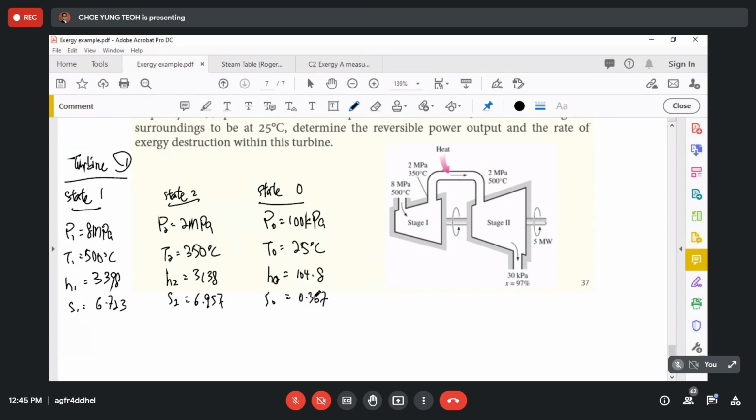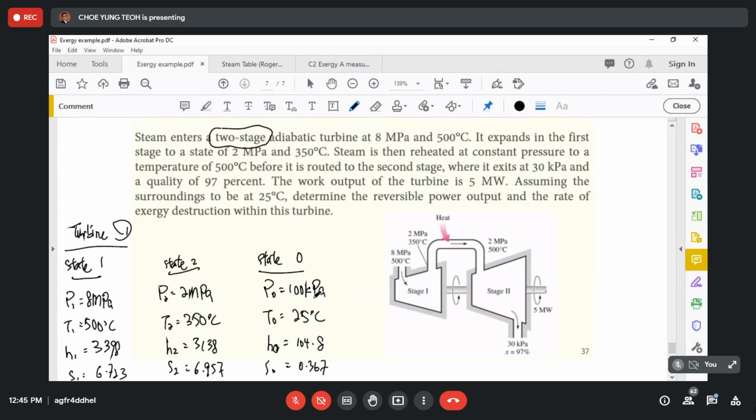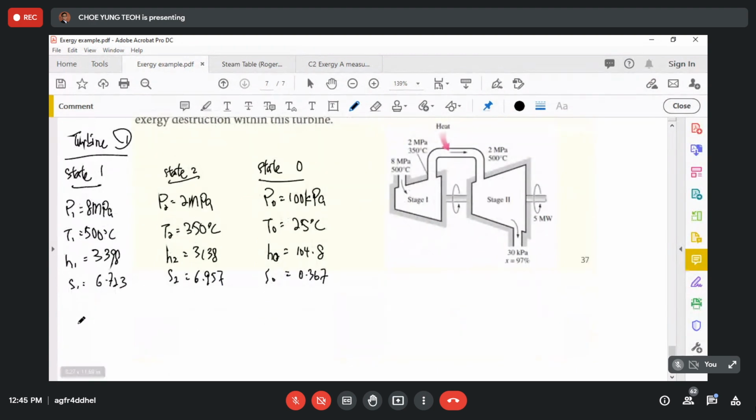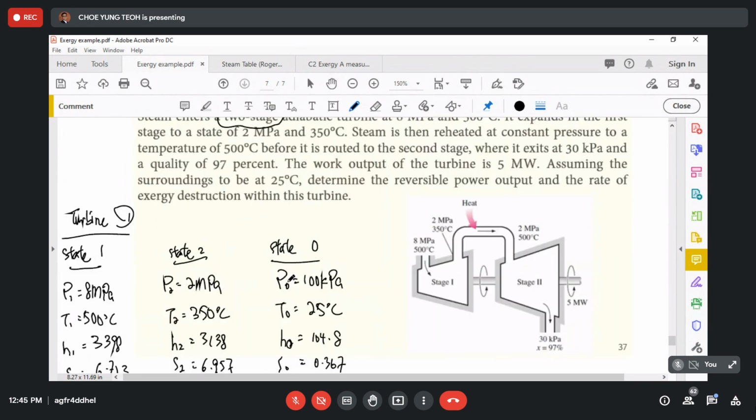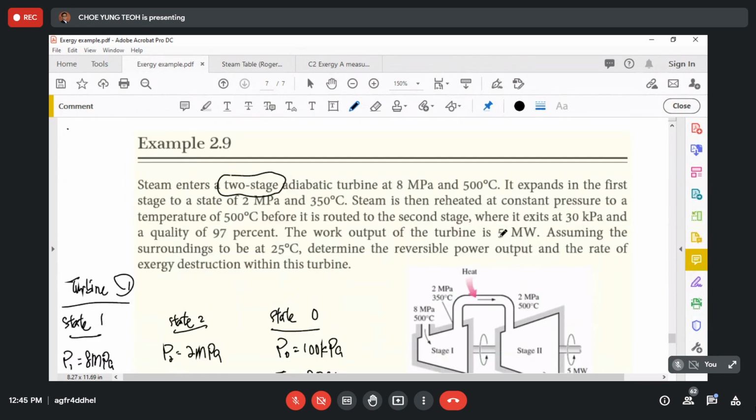Okay, so for this case, maybe we do it separately. We find the reversible power for turbine one, and exergy destroyed of turbine one. Okay, so let's say we want to find the reversible power for turbine one. Okay, so reversible power definitely. Do we need the mass for it? Total power is 5 megawatt. Okay, the mass for it we put it later.